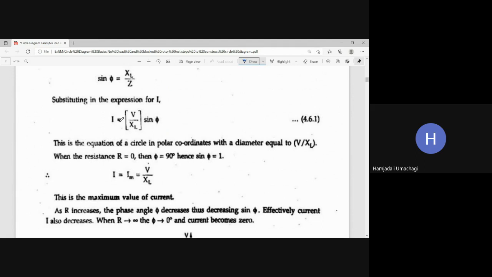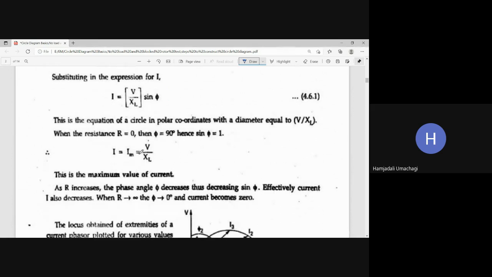So automatically I is equal to V by XL, which is the maximum current, and for this the resistance will be 0, because whenever resistance is 0, current will be maximum. So Im is the maximum value of the current, where R is equal to 0 and power factor angle phi equal to 90 degrees.